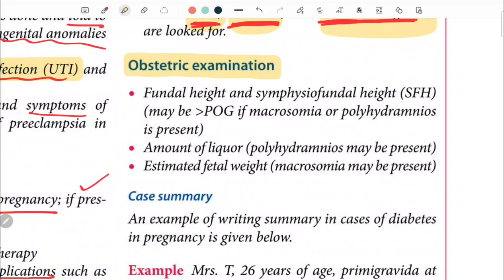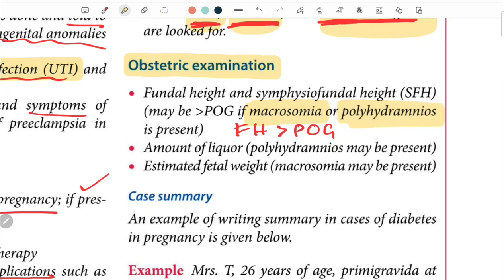Under obstetric examination, you look for the fundal height and symphysis fundal height. Fundal height is generally more than the period of gestation because of macrosomia or polyhydramnios.